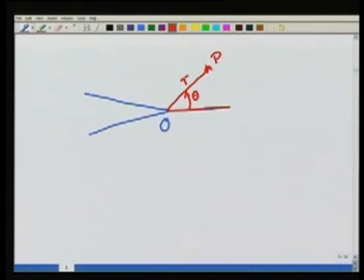That is, I am using a local polar coordinate system in 2D. Then the solution in the vicinity of the point O, u as a function of r and theta, is essentially some constant times r to the power of alpha times some function of theta.